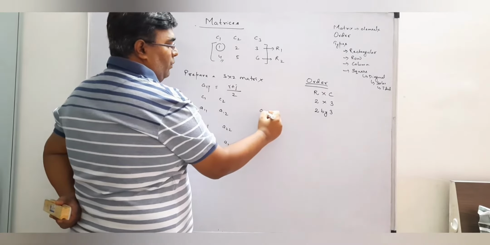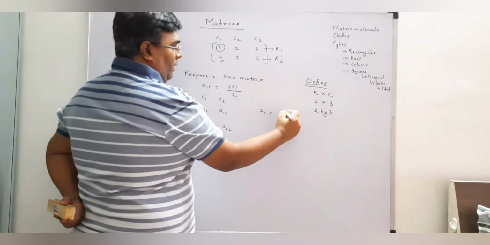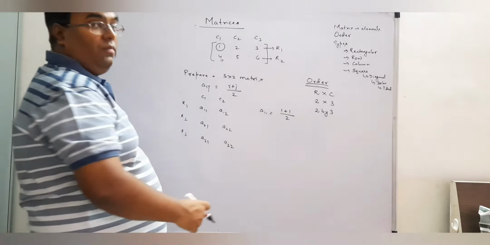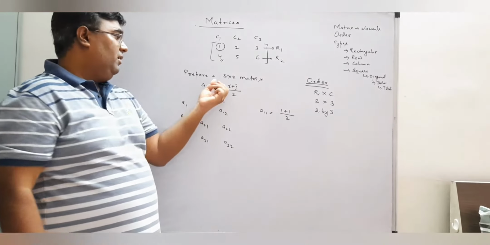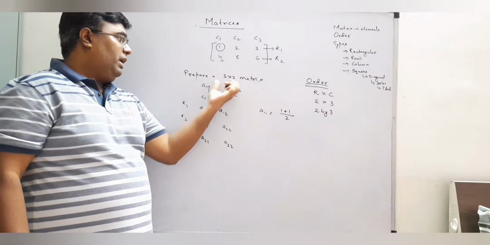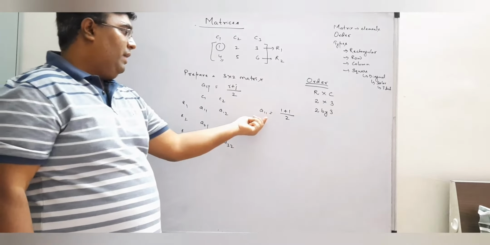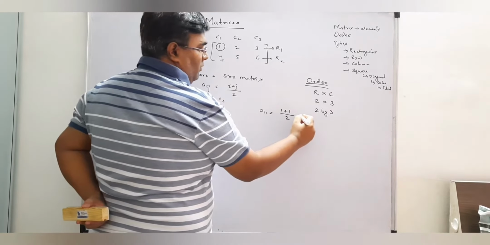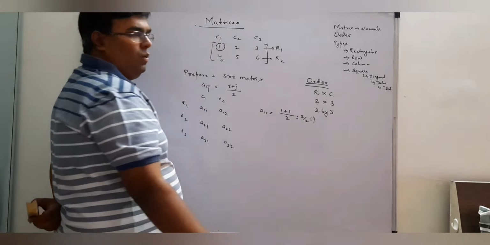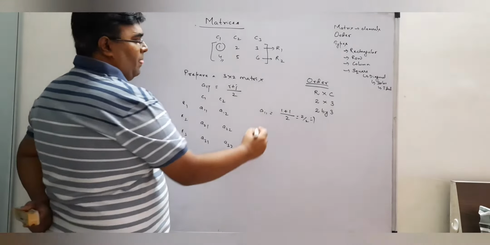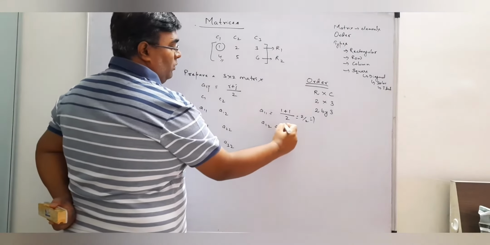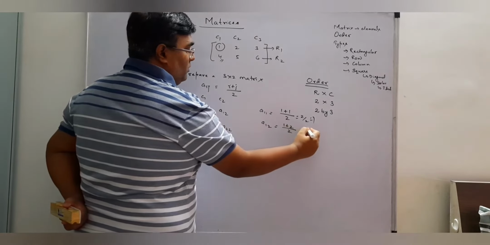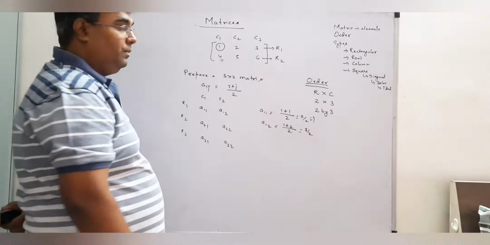My A11 will be (1 plus 1) by 2, putting the values of i and j, since Aij is (i plus j) by 2. So A11 is 2 by 2, which is 1. What is A12? It is (1 plus 2) by 2, which is 3 by 2.